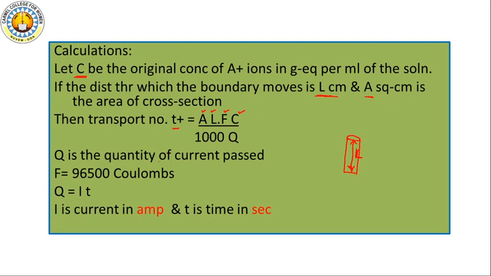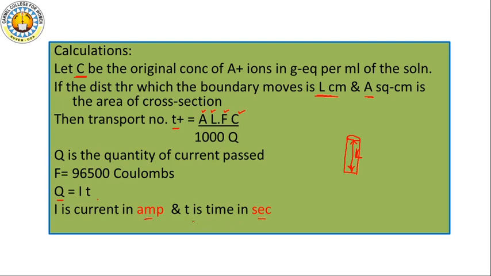Q is the quantity of the current which is passed, which is measured in the coulometer, and it is given by Q is equal to IT, where I is the current which is measured in amperes and the time in second.